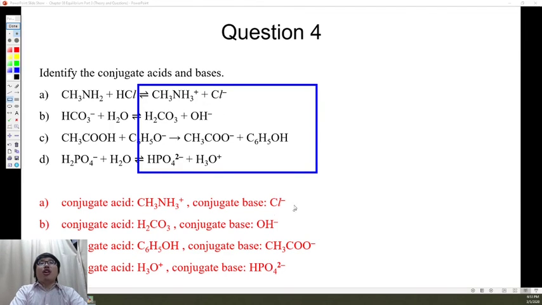Accept proton, conjugate base. Donate proton, conjugate acid. So now we are looking this way. Accept proton, conjugate base. Got H plus more, conjugate base. Donate H plus, conjugate acid. Donate H plus, conjugate acid. Accept H plus, conjugate base.